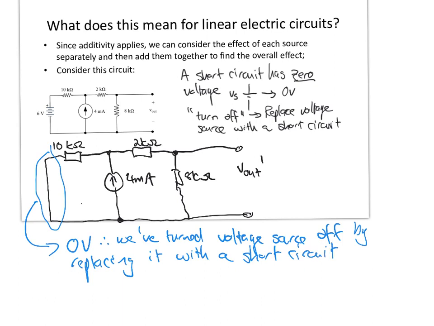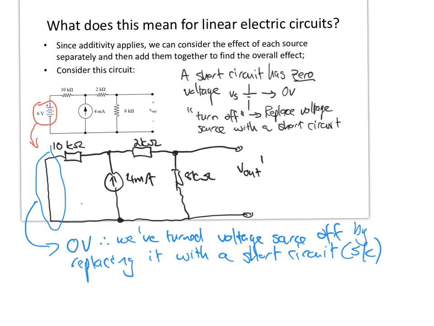And sometimes we use the abbreviation SC for short circuit. So by turning this voltage source off, we've now ended up with a circuit like this.